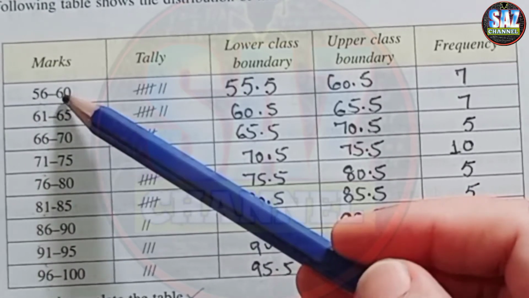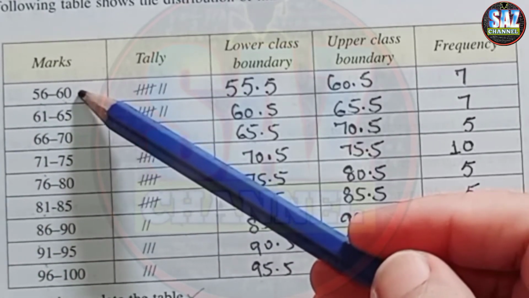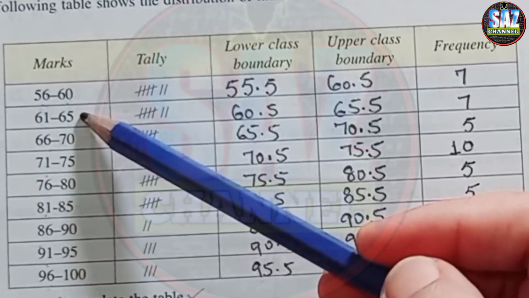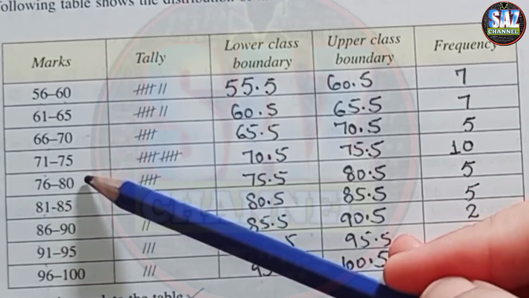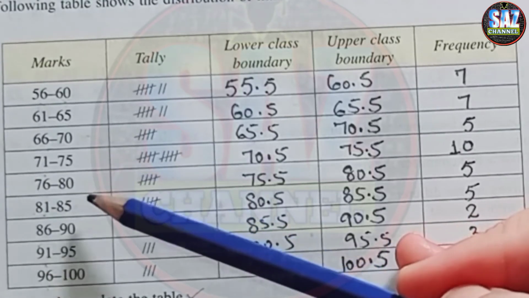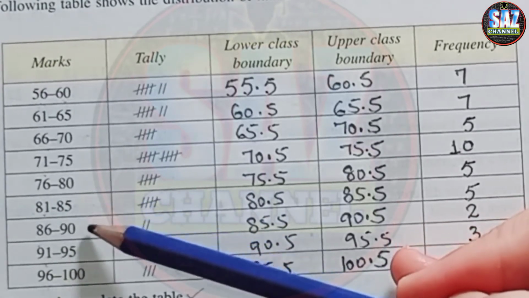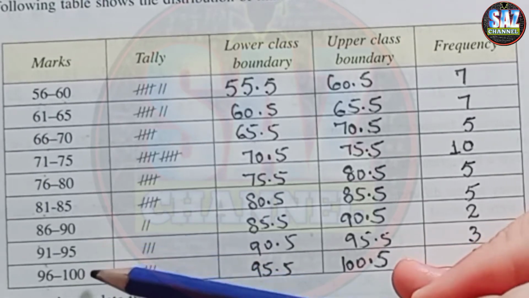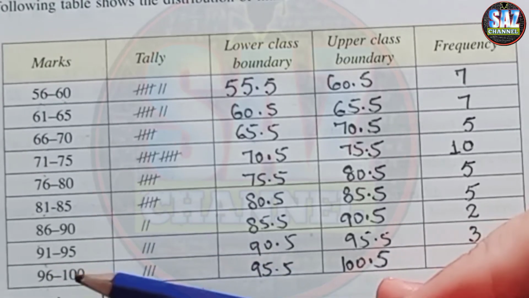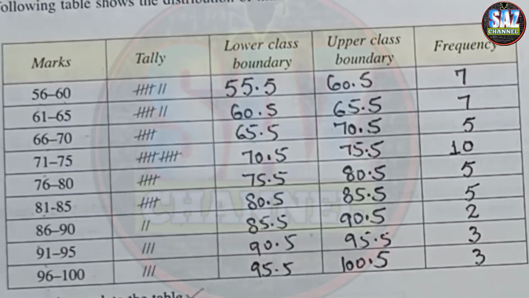Here 56 to 60, the difference is 4. Here again the difference is 4. This is the difference 4. Again difference 4. And 76 to 80 difference is 4. 81 to 85 difference is 4. And 86 to 90 difference is 4. Again difference 4. 96 to 100, again the difference is 4.